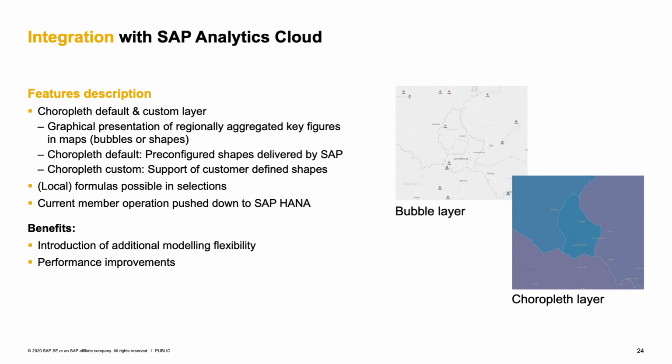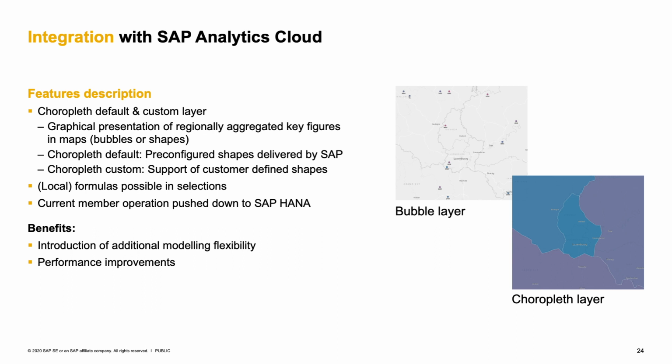That means really to provide the capability to display aggregated key figure values in geographical maps. And for BW, we offered this already with BW 7.5, at least a possibility to leverage a standard template defined from SAP for such purposes.